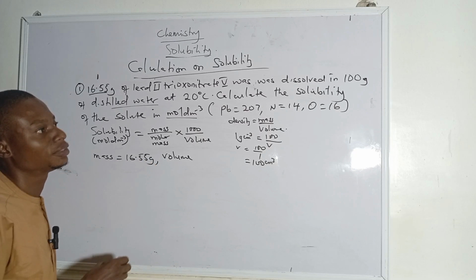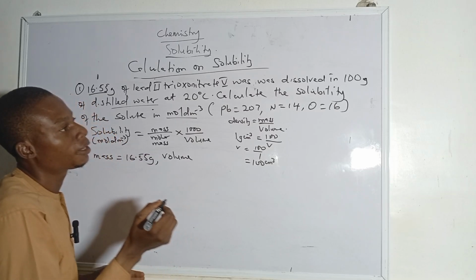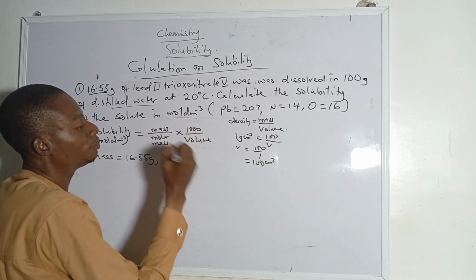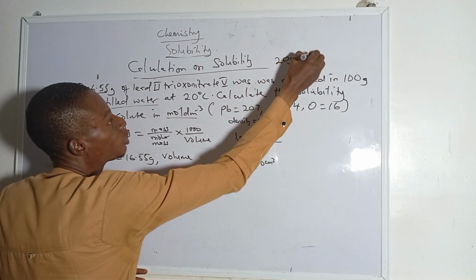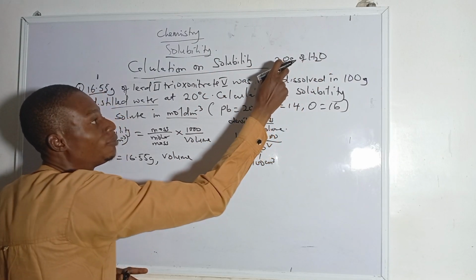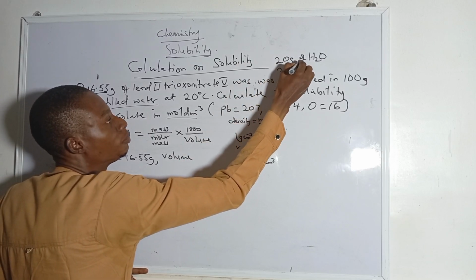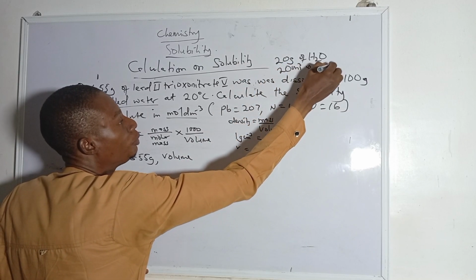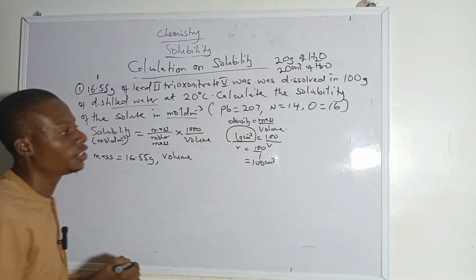This is what I'm saying. If you are given, for example, 20 gram of water, this 20 gram of water is the same as 20 cm cube of water, because the density of water is 1 gram per centimeter cube.